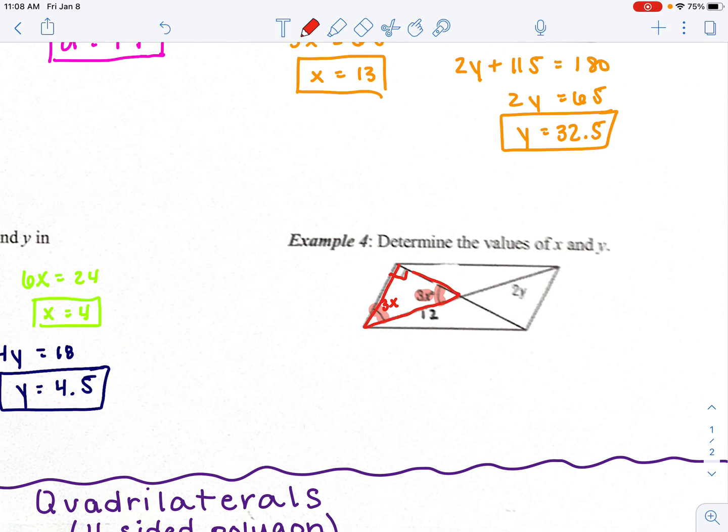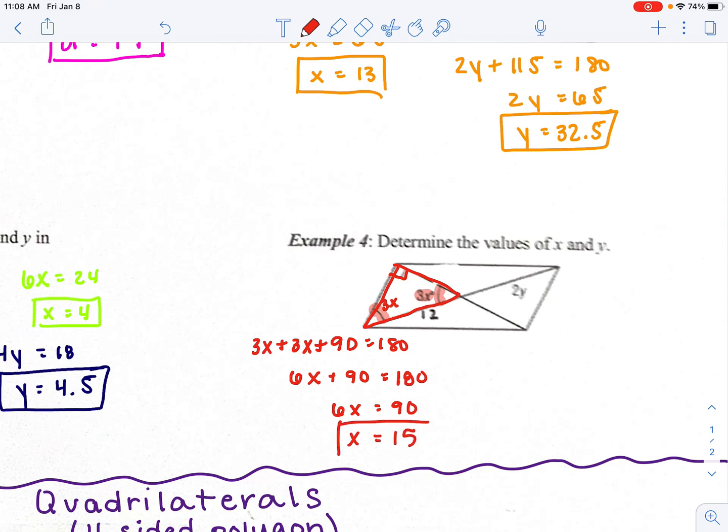Right here, I've got this little triangle going on, and we can remember that triangles add up to 180, so I can say 3x plus 3x plus 90 equals 180. That would be 6x plus 90 equals 180. Subtract both sides by 90, divide by 6, and I get 15.